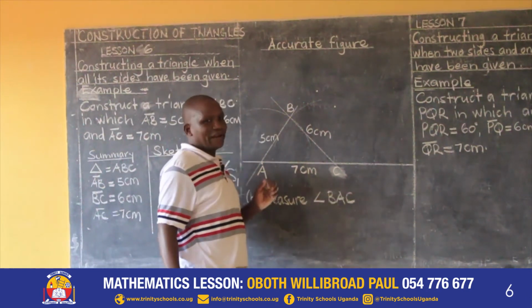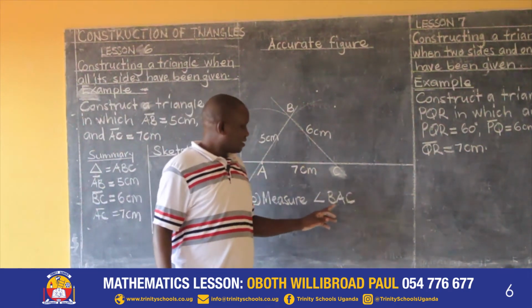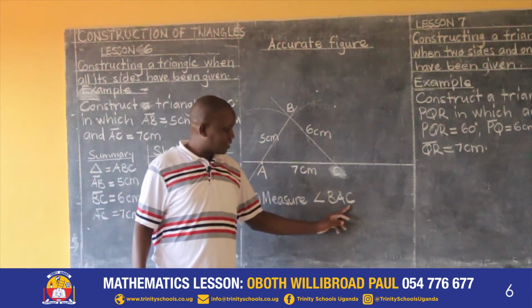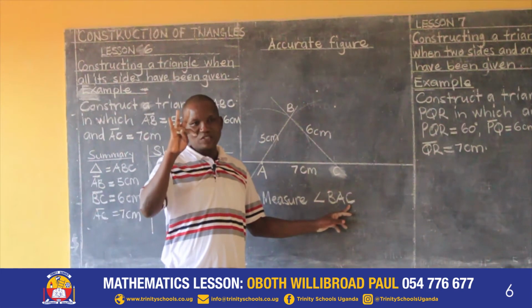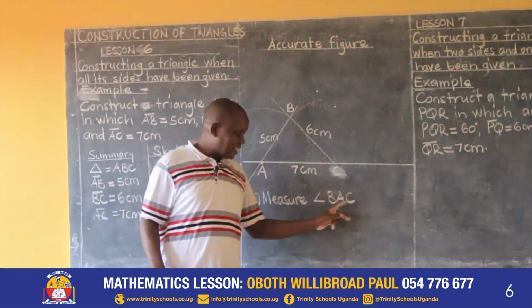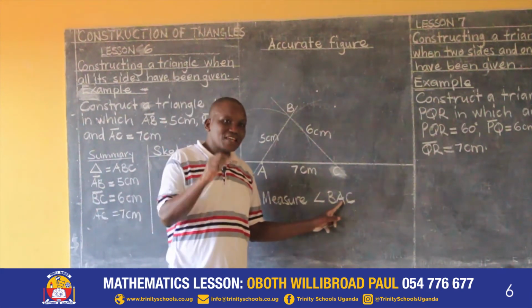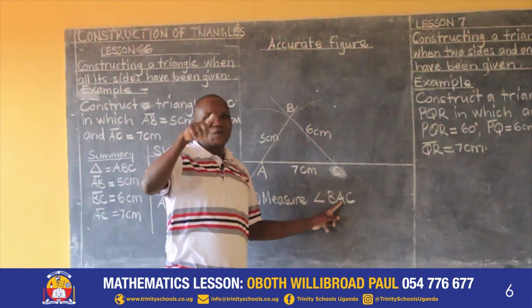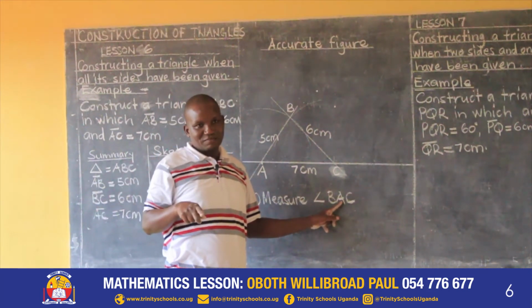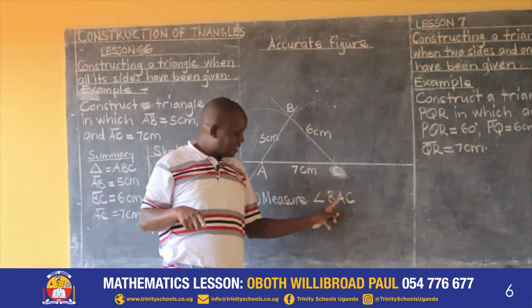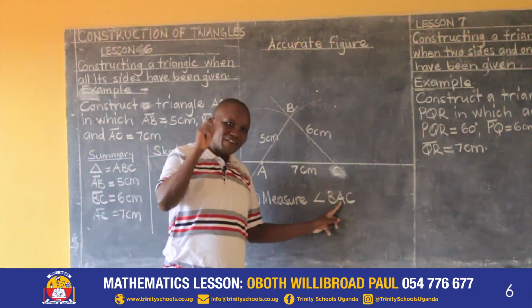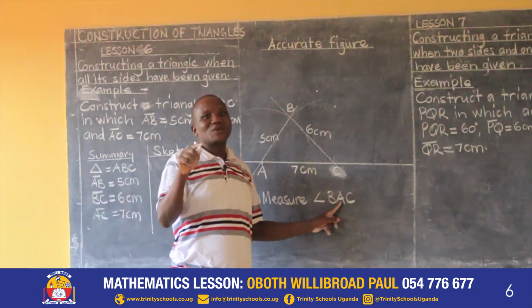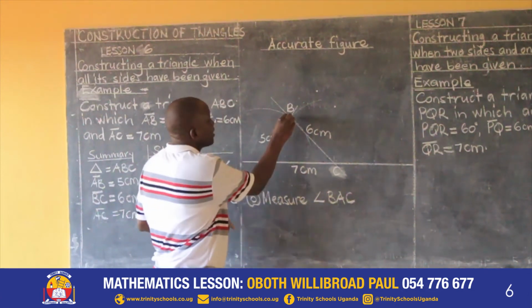BAC. Now, BAC, an angle is formed using 3 letters. It's named using 3 letters. And the letter in the middle tells you the vertex where that angle is found. A vertex is a point like now there.